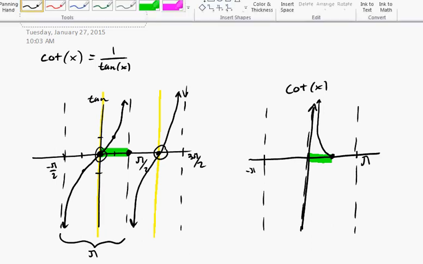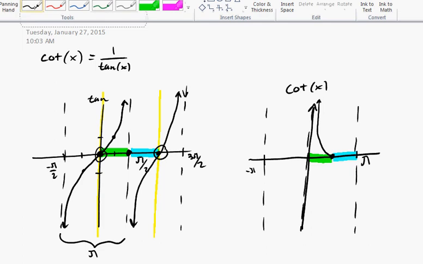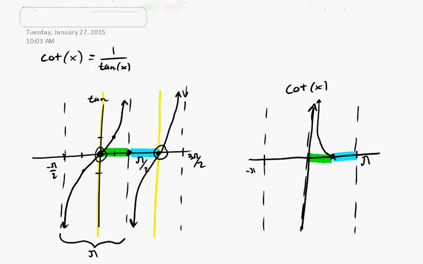And then if we highlight the other side, tangent is negative. So if I did 1 over tangent, it should be negative on that side as well. But it's going to be opposite, so it kind of looks like this. The moral of this story is that the cotangent should be the opposite of the tangent, meaning it should be flipped over the x-axis. And so your cotangent will look like this.